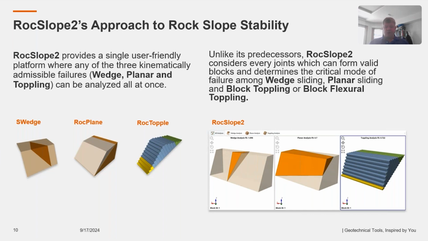You should be looking at it all at once, determining which is the critical mode, looking at all the factors of safety of these, not having to treat them all independently. And using these three programs, it's very, very error-prone, because you're basically creating the models independently. In RocSlope2, it's one model. It deals directly with Dips, and it brings in that data, and you'll get a sample of that later on. Next slide.